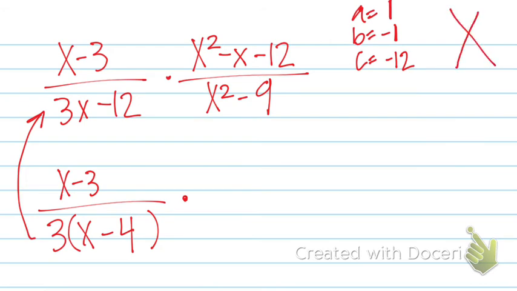So if we use the big X, B goes in the bottom, so we have a negative 1 in the bottom. Up top is A times C, so negative 12. So what two numbers multiply to get negative 12, but at the same time add to negative 1? 3 and negative 4.